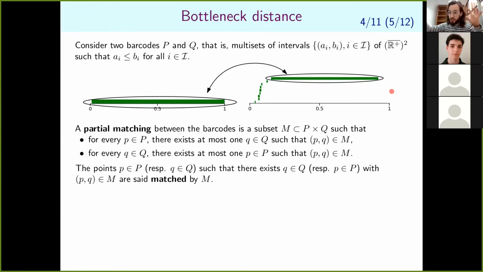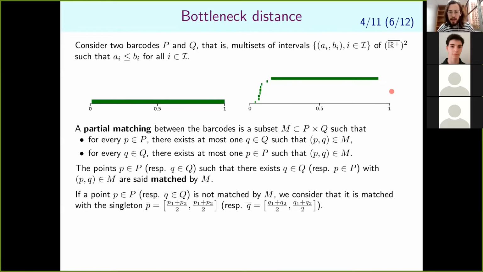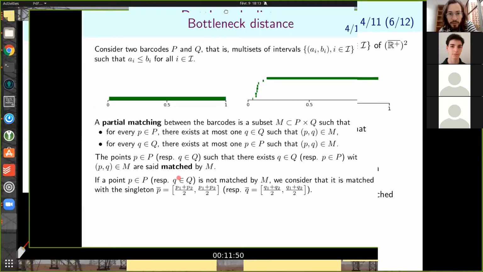Now we have matched bars, and the bars that are not matched by this matching, we will match them with their midpoint. If I take a bar p in P that is not matched, I will say that it is matched with the singleton midpoint of this bar. I will do a drawing.